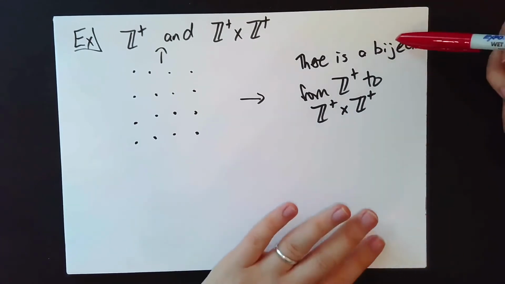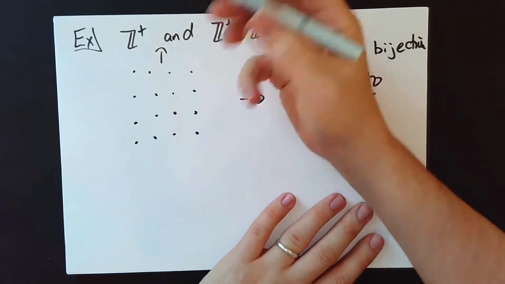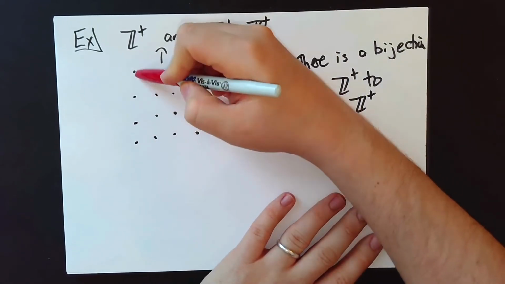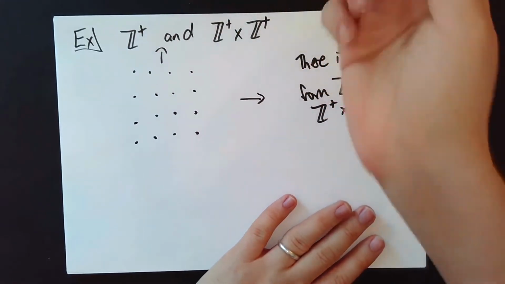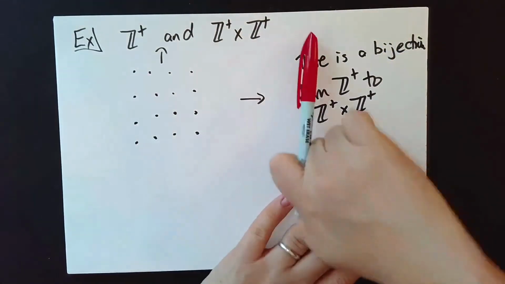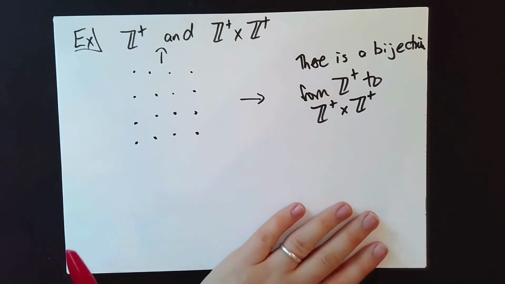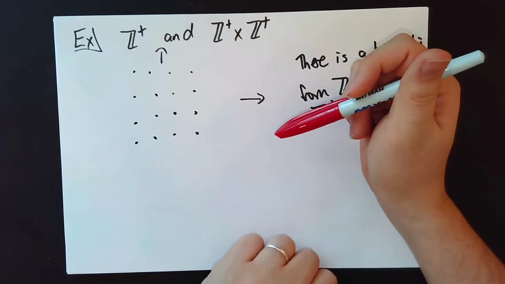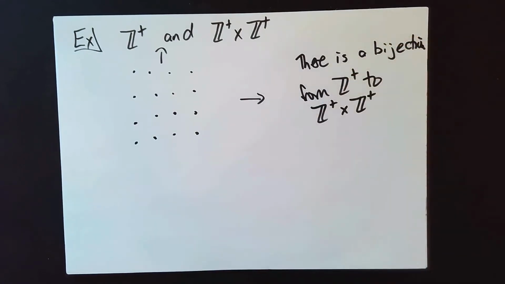So, for example, I might start here and say, okay, this is where I'm going to send 1, this is where I'm going to send 2, this is where I'm going to send 3, 4, 5, 6, except if I do that and I just keep going, I miss all of the dots over here, so that's not going to work. But it turns out there's actually a not too terribly unnatural pattern that you can take.